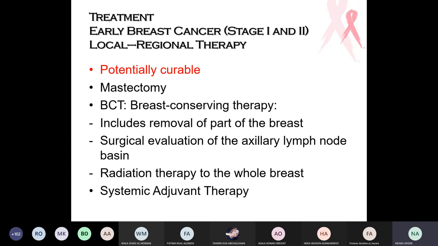If we compare the recurrence risk, since the tissue that underwent neoplastic transformation still exists, the relapse is a bit higher, okay. It is not a huge risk, but compared to mastectomy it's a little bit higher.